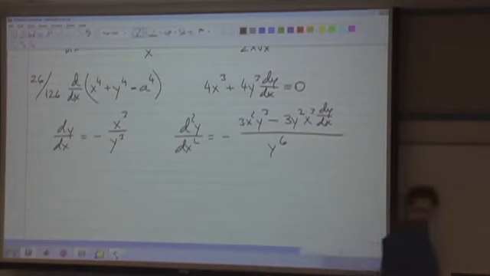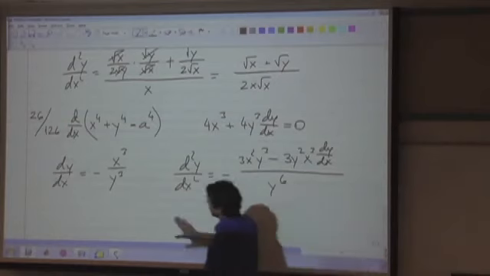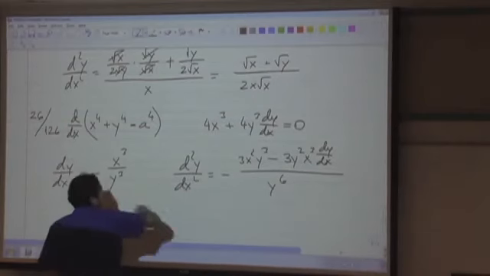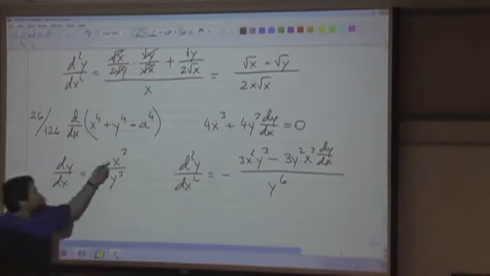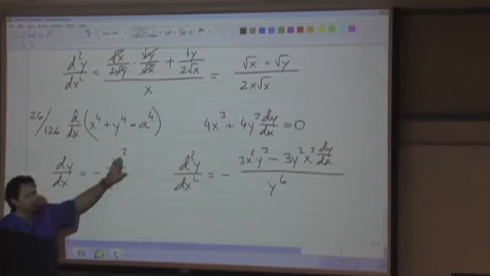I'm sorry, I just don't know where you're getting all the numbers and the y. Well, again, forget about the minus because that just comes in here. I have a ratio, which means I need to apply the quotient rule. The derivative of the top times the bottom minus the derivative of the bottom times the top. Okay.